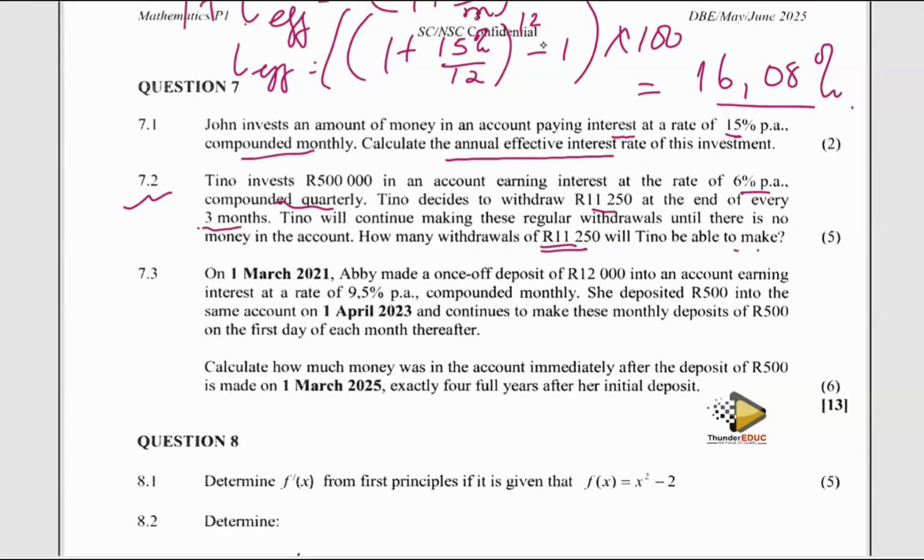Okay, so we have two scenarios here. There is an investment of this much, and then we have the withdrawals, the present value approach.